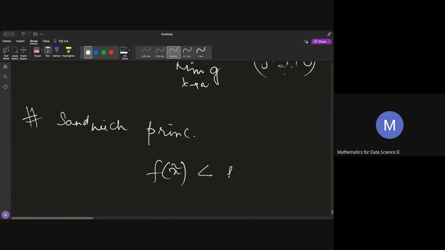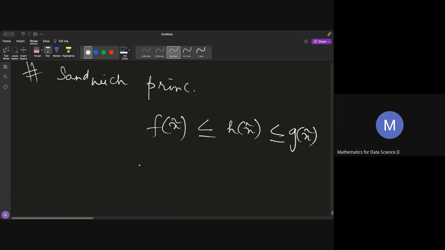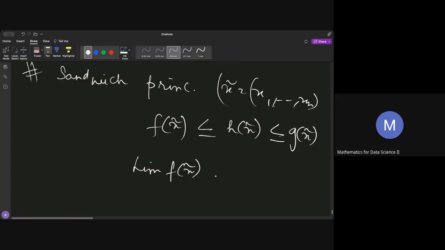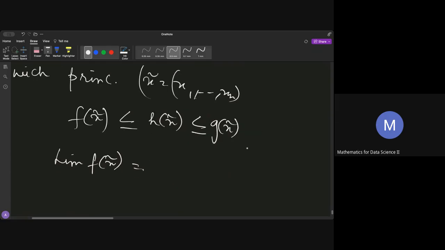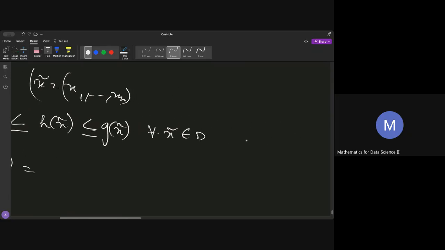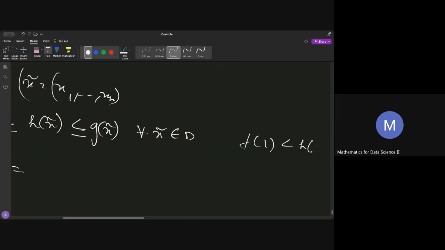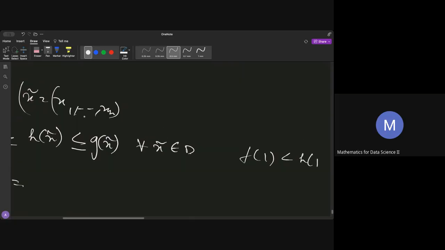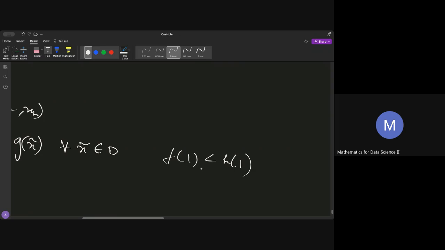Which says if h(x) is a function which always takes values between the function f and g of x tilde, where I'm using tilde for x1 to xn, these kind of tuples, then for all x tilde belonging to the domain, f1 should be less than or equal to h1, which should be less than or equal to g1.